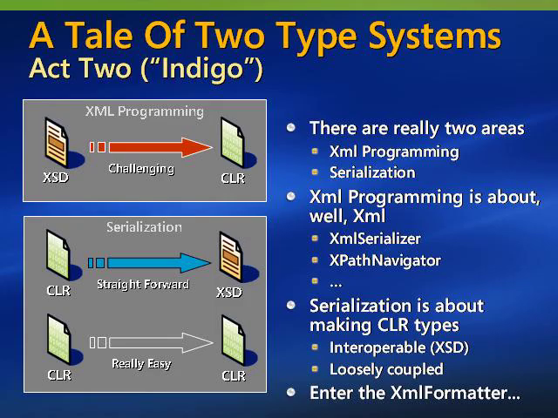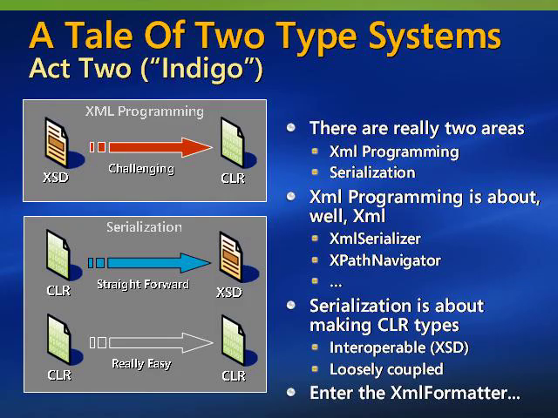That's not serialization. Serialization is all about taking CLR types that people are writing, making those things interoperable, making those things loosely coupled, making those things version resilient. Serialization is about CLR. XML programming is about XML.